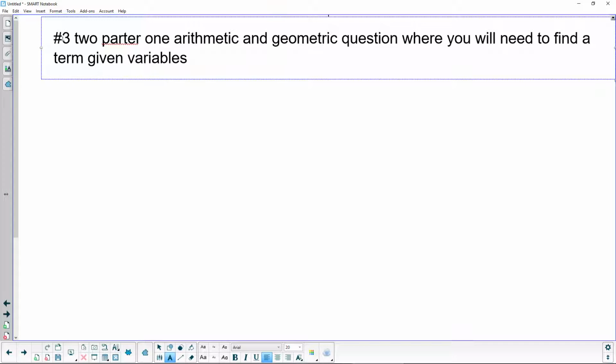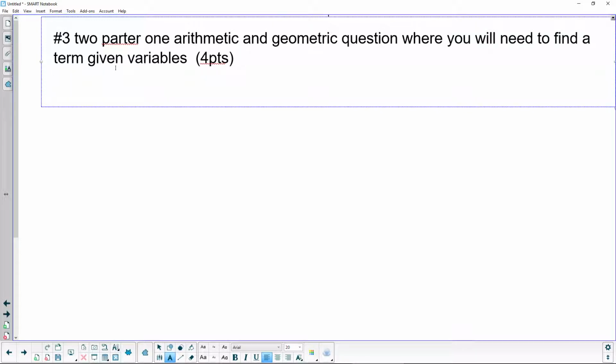Okay, so first let's do an example here, and that's worth 4 because one will be 2 points each, so 4 points.